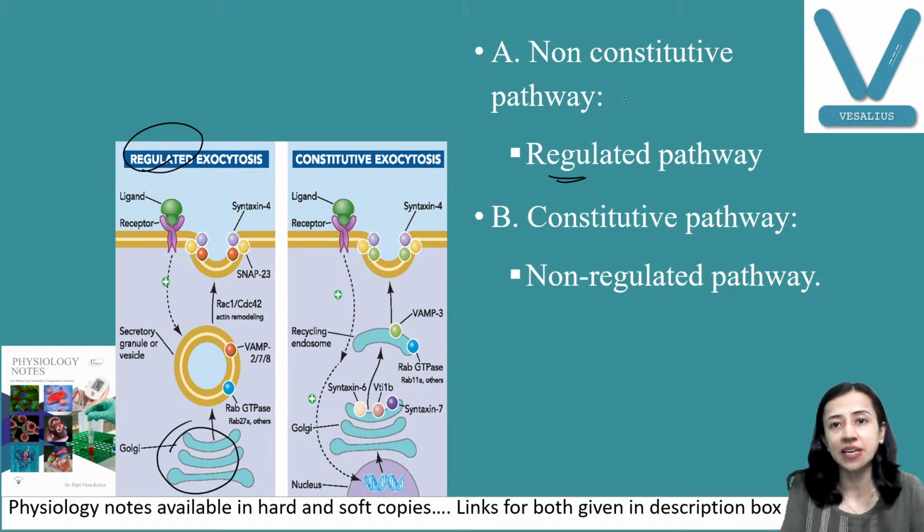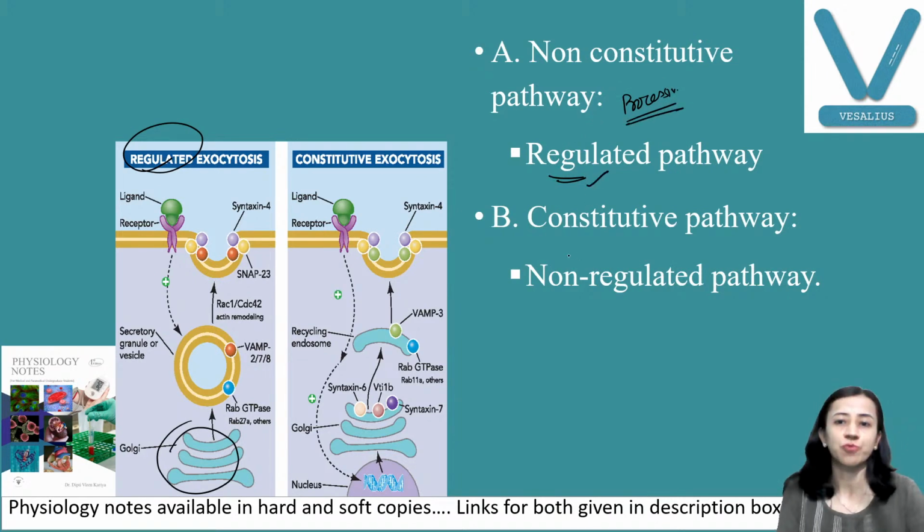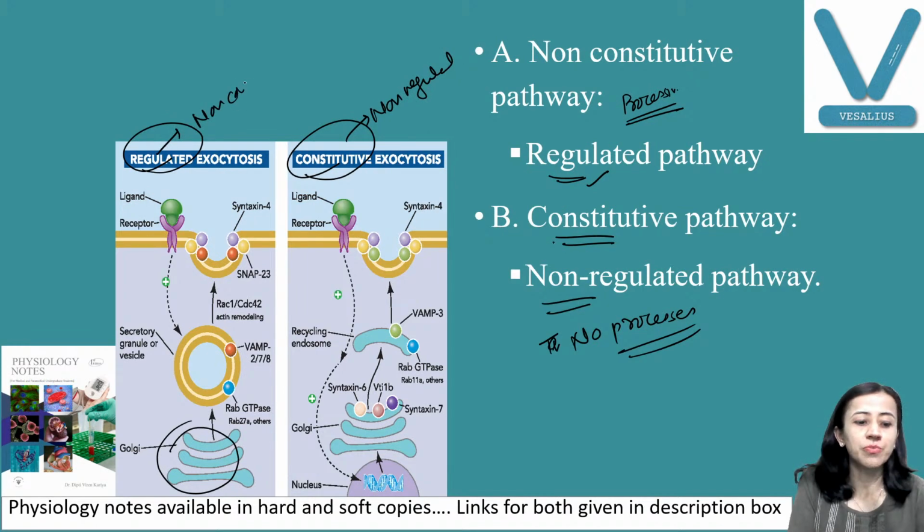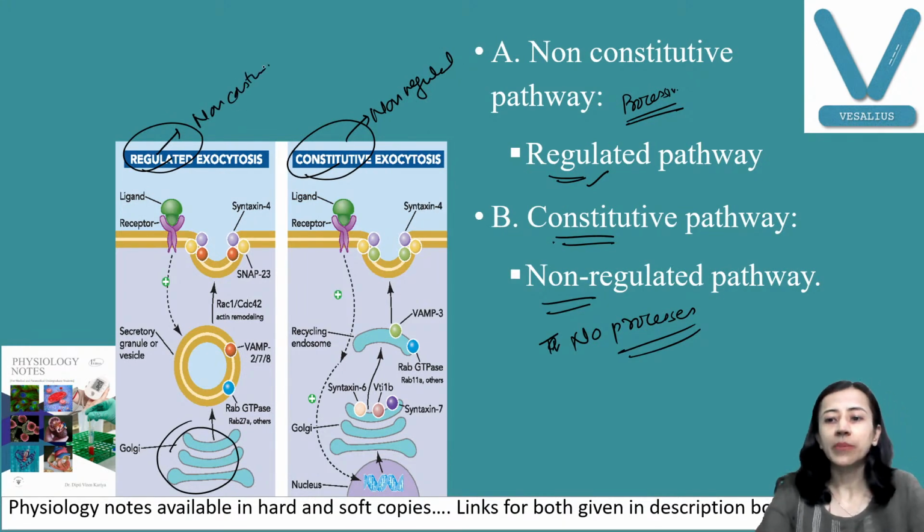So when processing is there, that is known as non-constitutive or regulated pathway. And constitutive or non-regulated means there is no processing, directly it is released. So these are 2 pathways: constitutive or non-regulated, and regulated or non-constitutive pathway. Okay, if you remember, this is fine. So this is second way of vesicular transport.